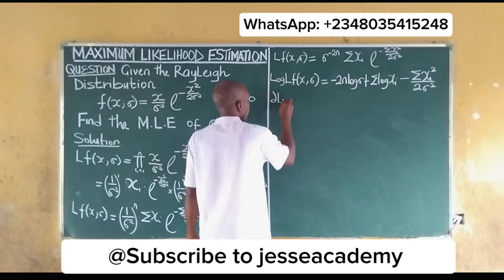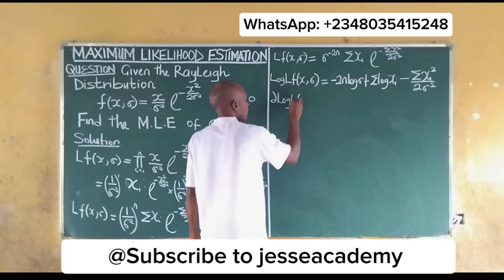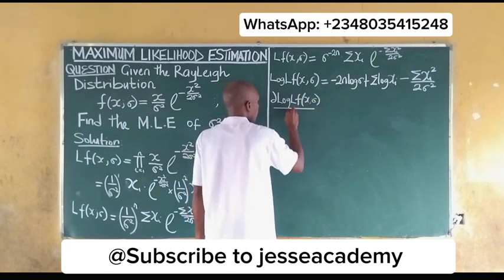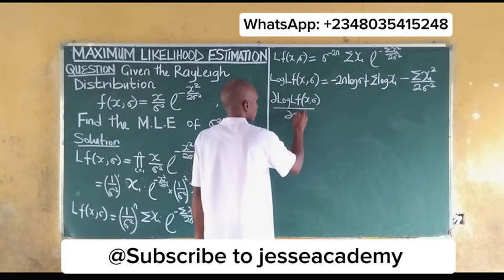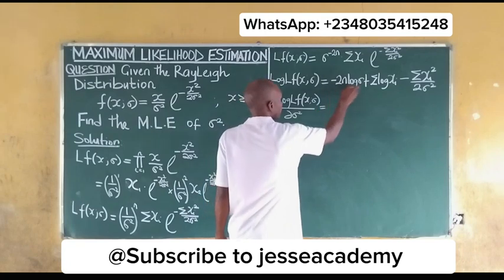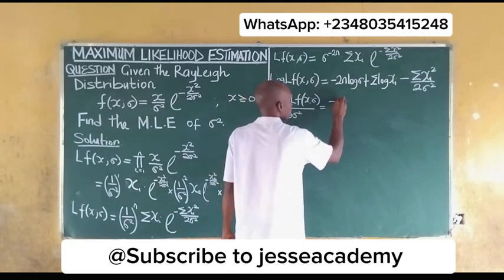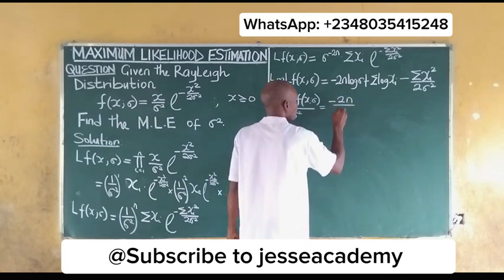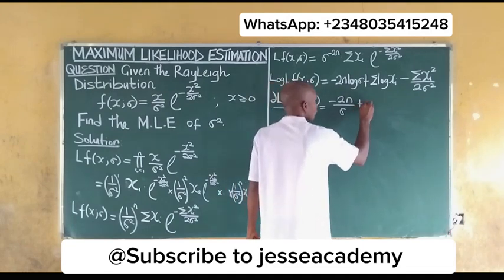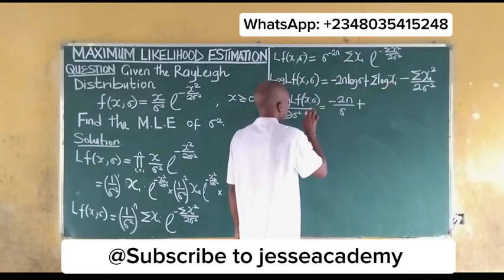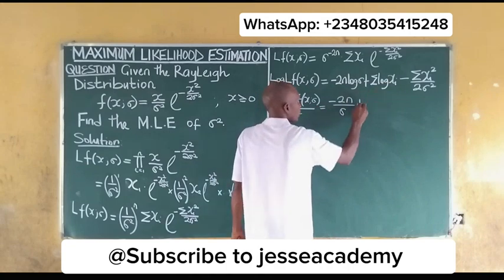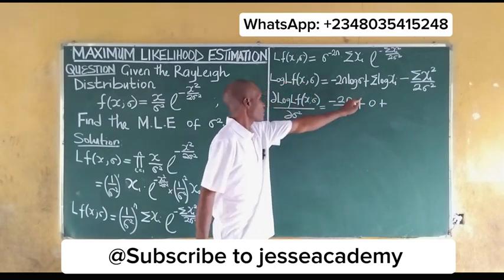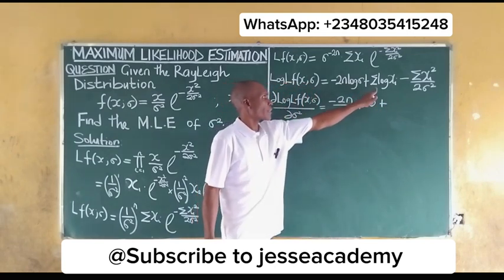The derivative of log L with respect to sigma gives us negative 2n all over sigma plus, if you take the derivative of the summation of log xi, we'll get 0. This is because there is no sigma here.